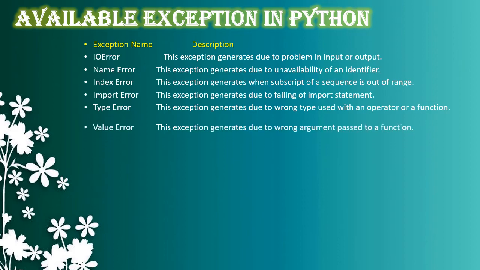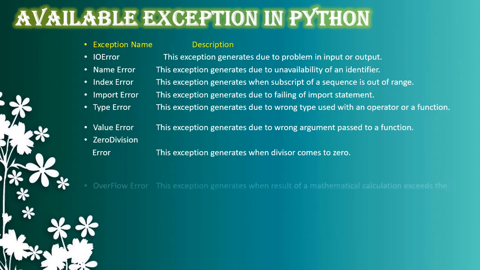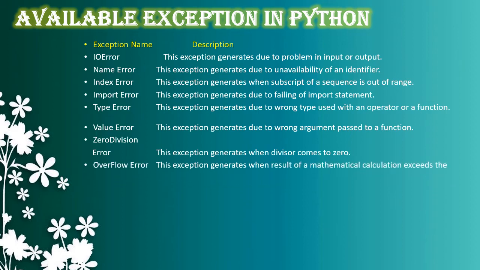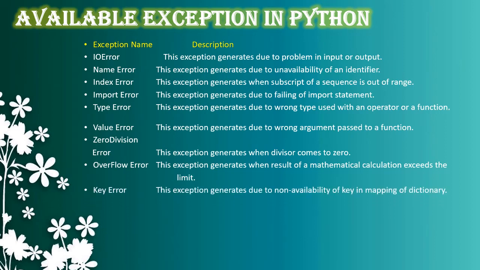If you pass a wrong argument to the function, it will raise a value error. And zero division error: if you divide any number by 0, a zero division error will come. And overflow error occurs when a mathematical result exceeds some limit.